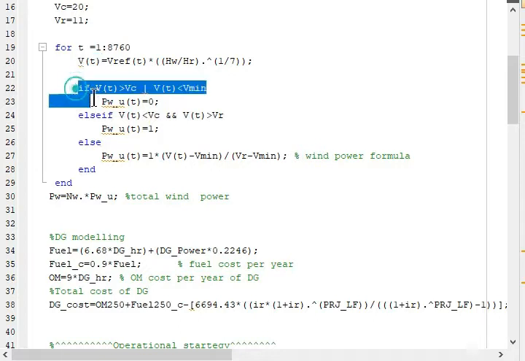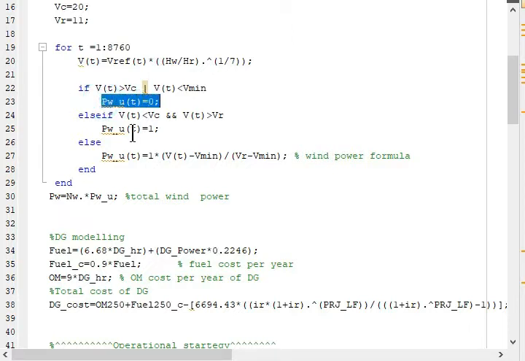So we are applying this equation: if the speed is below the cut-in speed or above the cut-out speed, then the output power will be 0. If it is above the rated speed and below the cut-out speed, then the output power will be constant, that's a 1 kilowatt wind turbine, so it will be equal to 1.